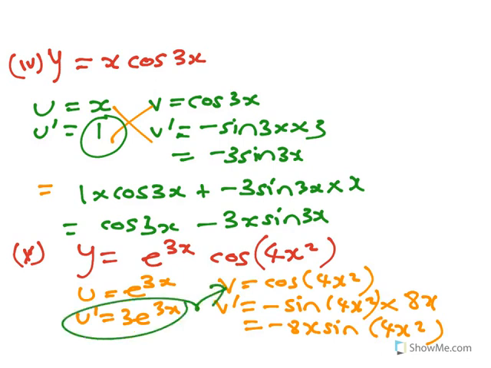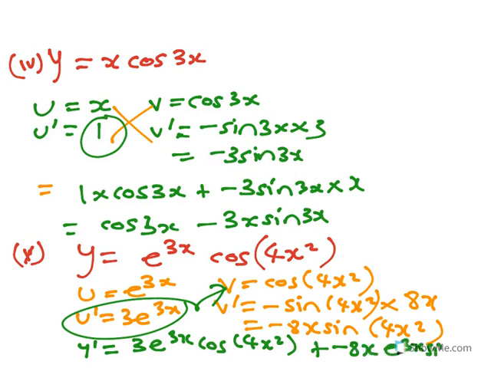So you go this times that for y dash, so it's 3e to the 3x cos 4x squared plus minus 8x e to the 3x sine 4x squared.